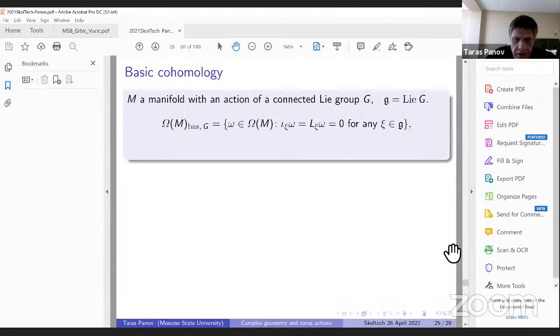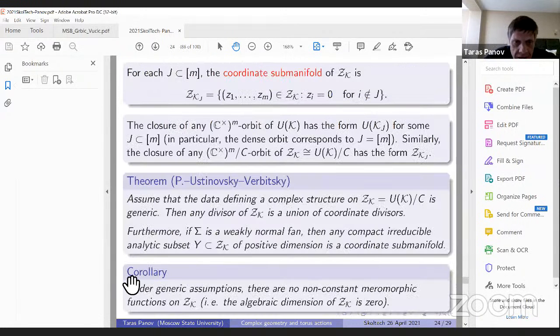And as a corollary, I just mention that under generic assumptions, those complex structures were very far from projective algebraic. In particular, if you pick a generic complex structure, then there are no non-constant meromorphic functions on this manifold. And in particular, the algebraic dimension of this manifold is 0.